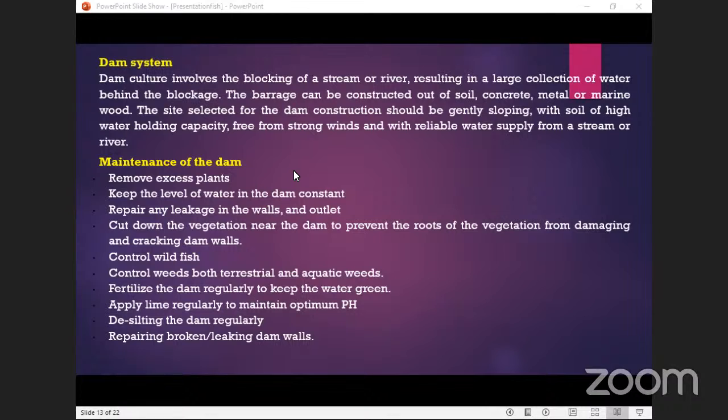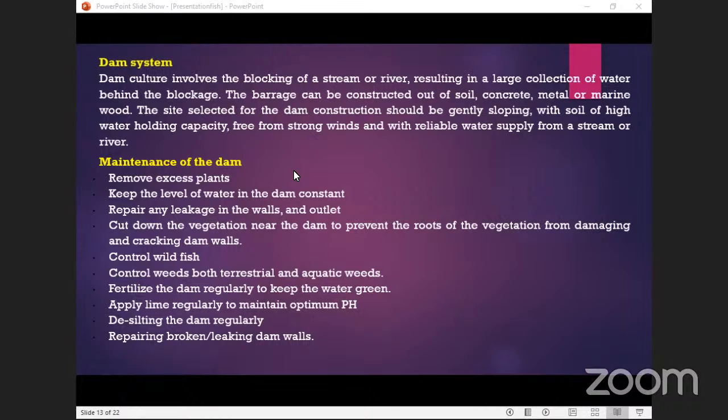Control wild fish. The wild fish can easily consume every type of fish that you have inside your dam. So make sure that you control them. Don't be excited, yeah, tilapia has come inside, my Nile perch has come. Nile perch will eat everything inside your pond. You find it there very satisfied, but it will be a loss.